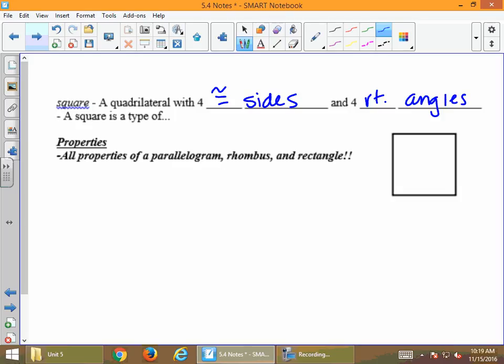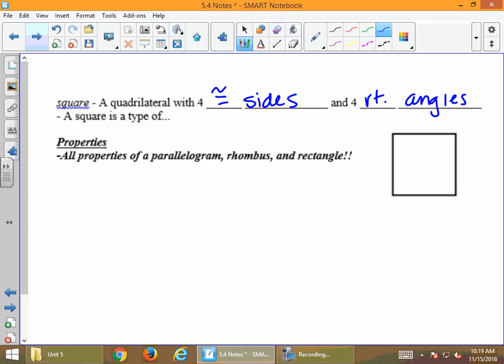Okay. Well, what other figures have 4 right angles? We talked about it yesterday. Rectangles. By definition, if you have 4 right angles, you're a rectangle. What did we just talk about if we had 4 congruent sides? You're a what?